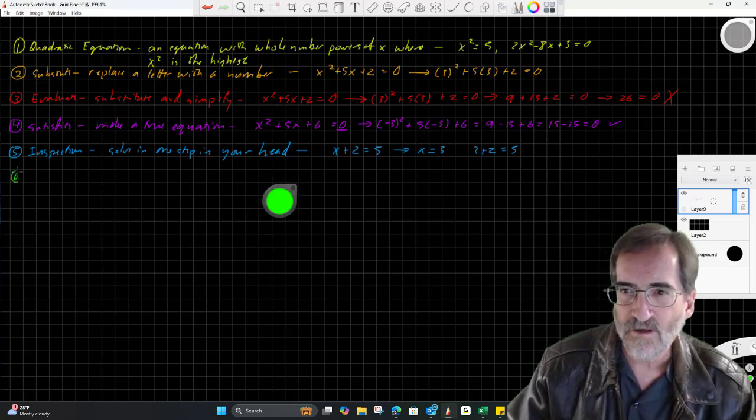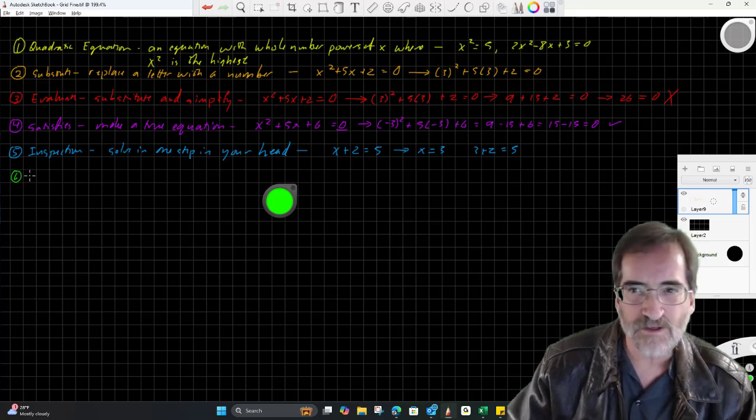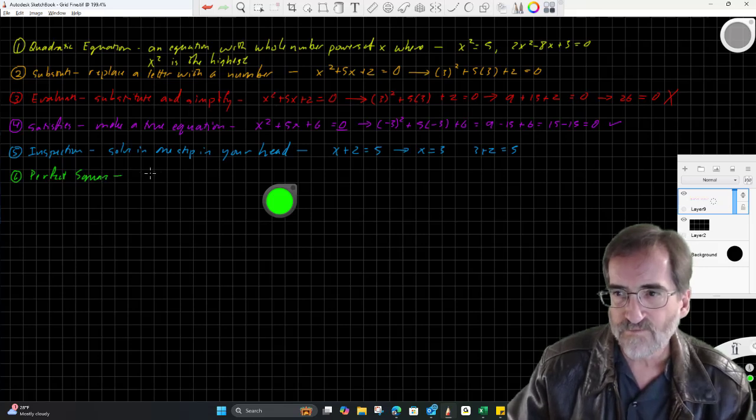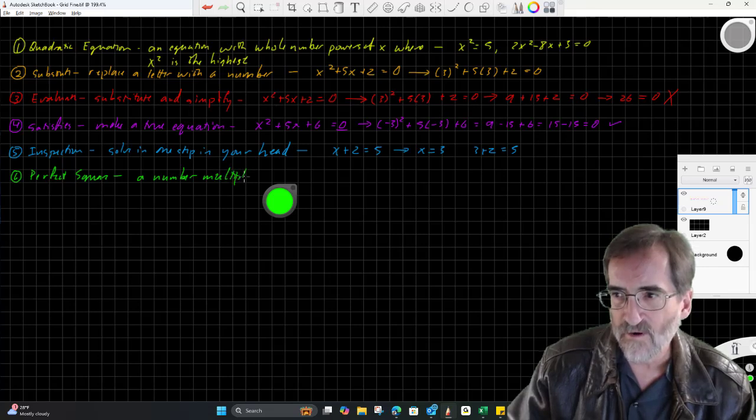6, perfect square. A number multiplied by itself.